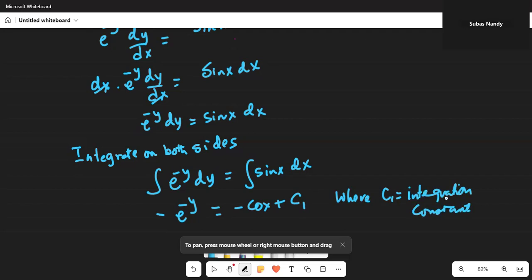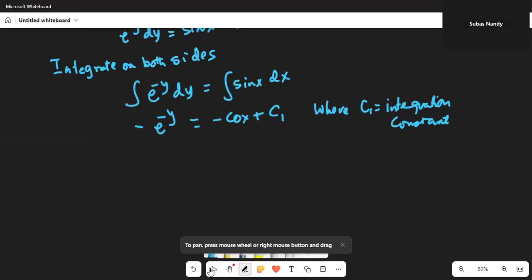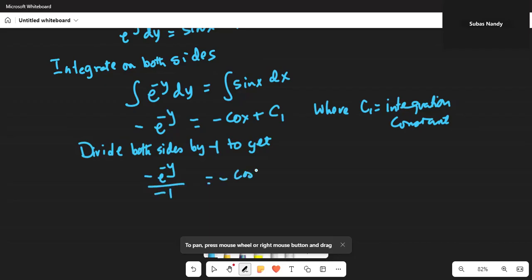Okay. We can divide both sides by minus 1, to get minus e to the power of minus y divided by minus 1, minus cosine x divided by minus 1, and plus C1 divided by minus 1.